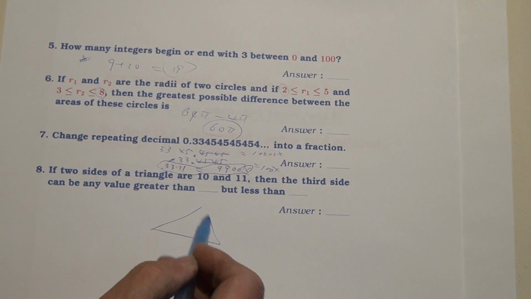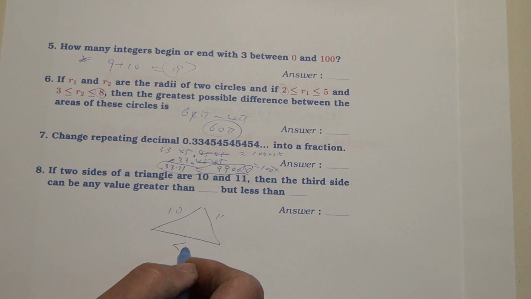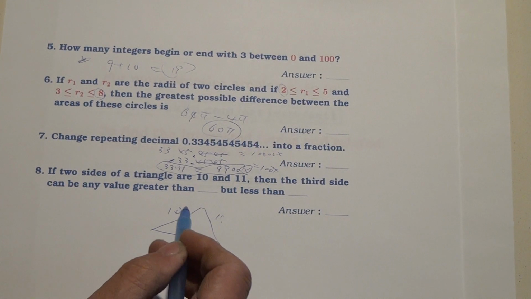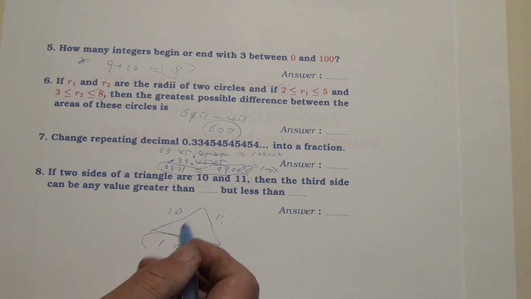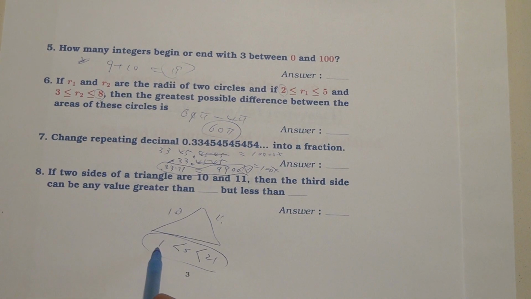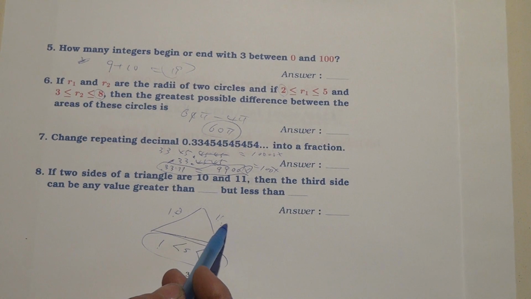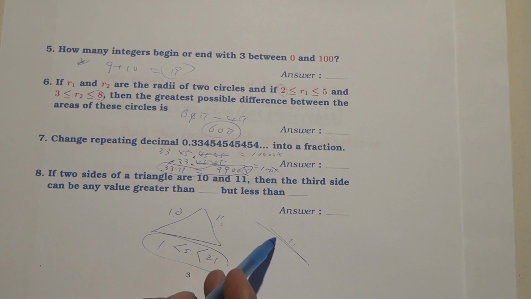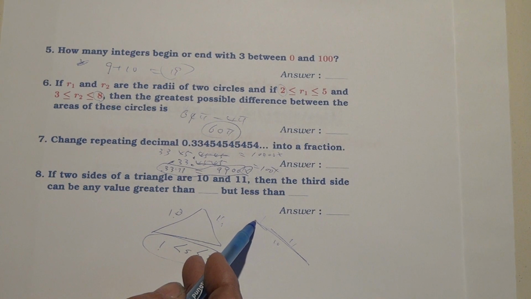Whenever you have a triangle with two sides given, then the other side will be greater than the difference of the two sides and less than the sum of the two sides. That is a theorem. In case you have 10 and 11, if you fall down here, you have 11 and 10, so you have two overlapping lines. It cannot be a triangle. So it must be longer than 1.